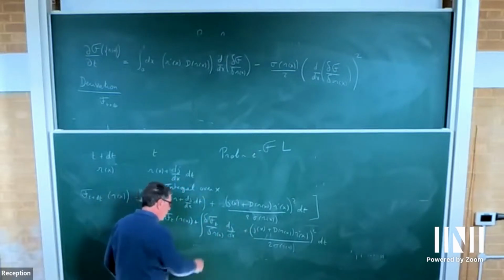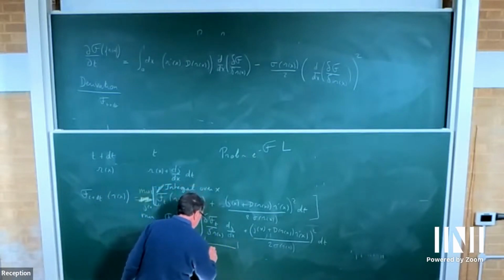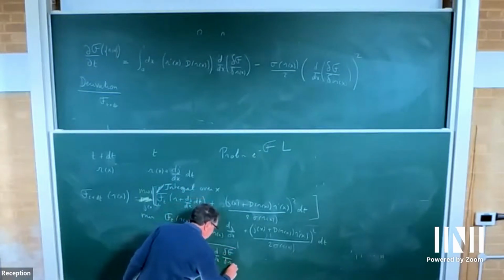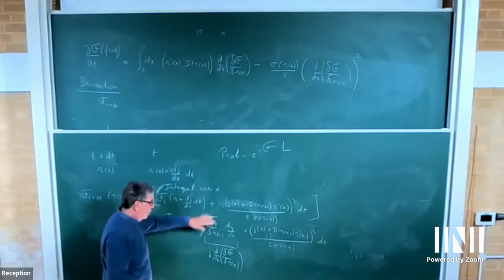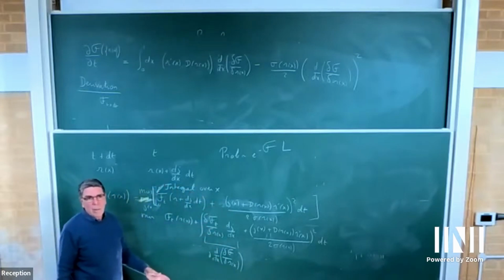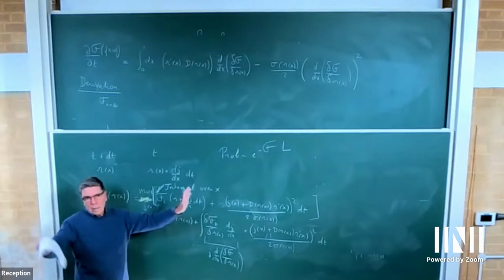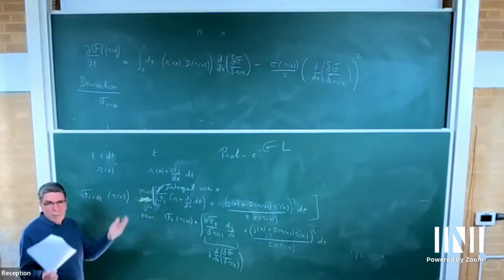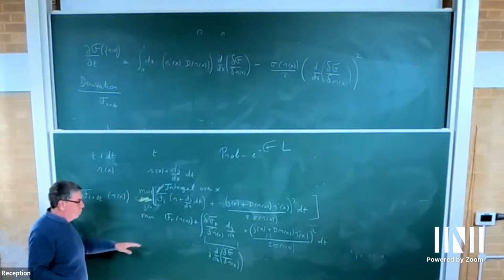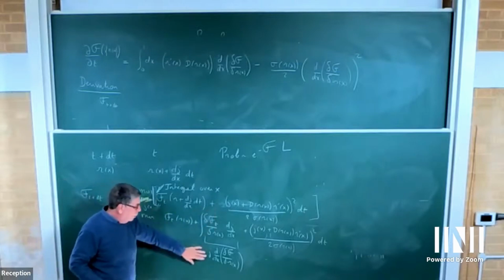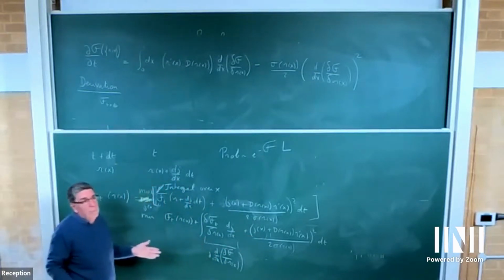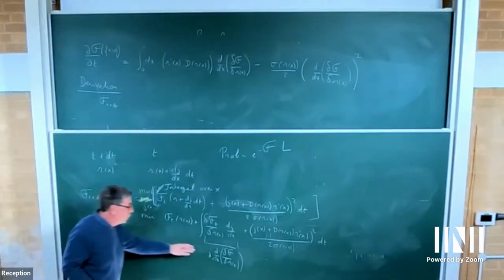So I replace this term by J, the derivative over delta x, and I do an integration by parts, closing my eyes: everything is okay at the boundary. You can think that you are on a ring. Now I have something quadratic in J and linear in J, and I just have to find the minimum for each x. When I do that, I get it.